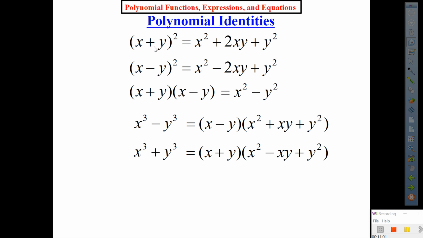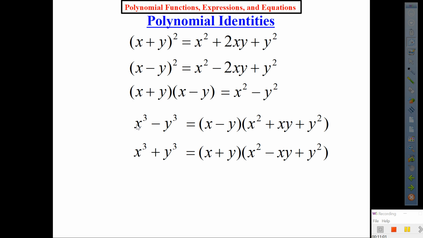Parentheses x plus y, close parentheses, squared, equals x squared plus 2xy plus y squared. The second one, parentheses x minus y, close parentheses, squared, equals x squared minus 2xy plus y squared. The third one, parentheses x plus y, close parentheses, open parentheses x minus y, close parentheses, equals x squared minus y squared.